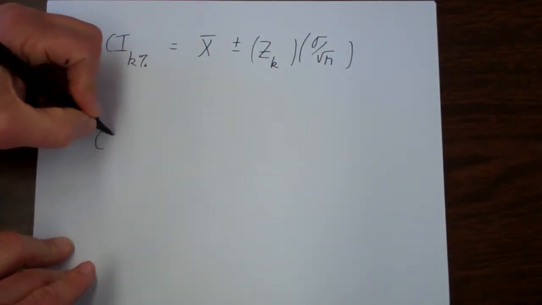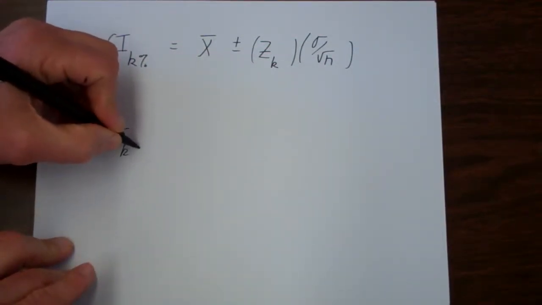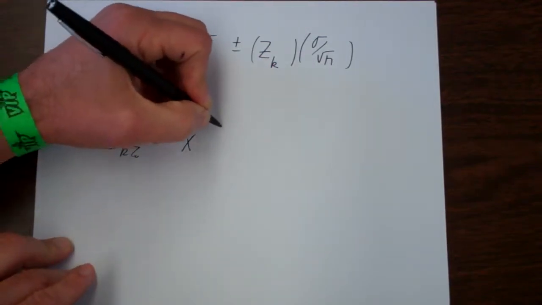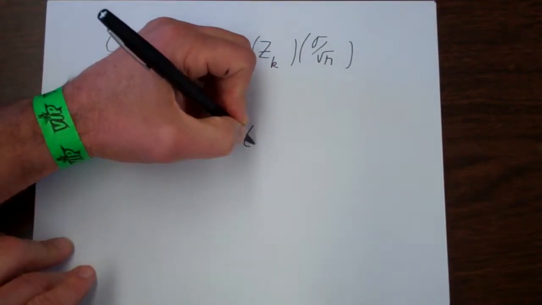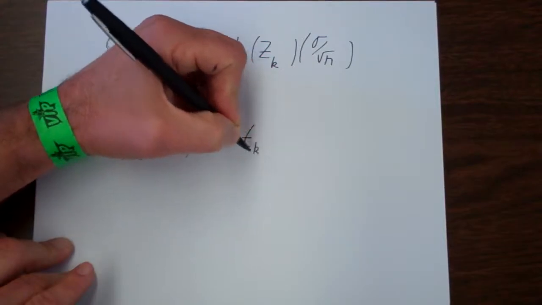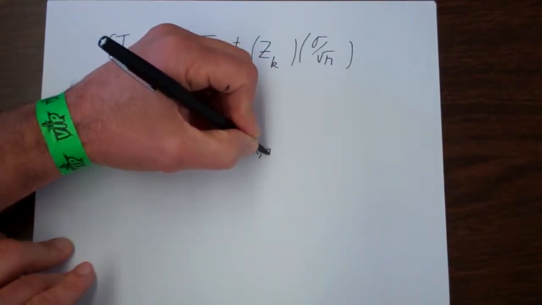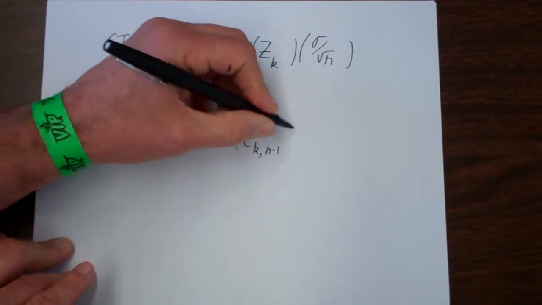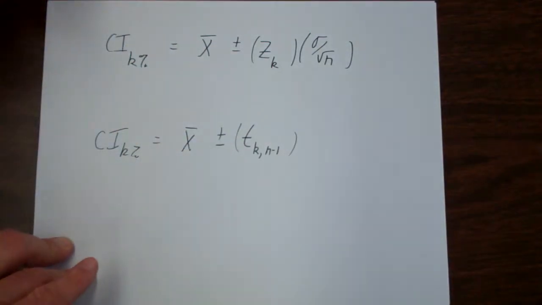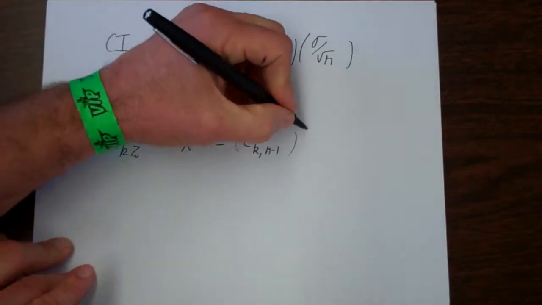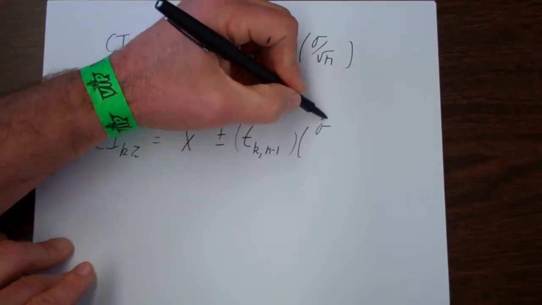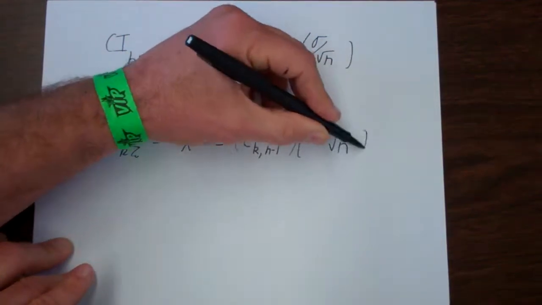If sigma is unknown, we use confidence interval k% is equal to x bar plus or minus t_k comma n minus 1. This is the t distribution. We use the t distribution instead of the z distribution because we don't know sigma, so we're going to use sigma hat over the square root of n.